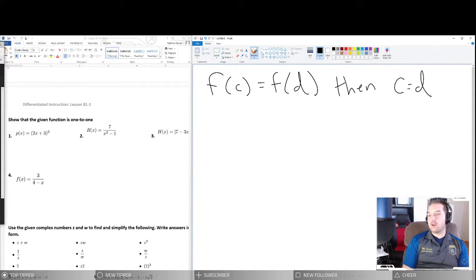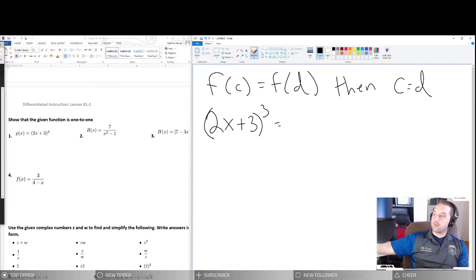So starting with number 1, we would say my function with c plugged in equals my function with d plugged in.